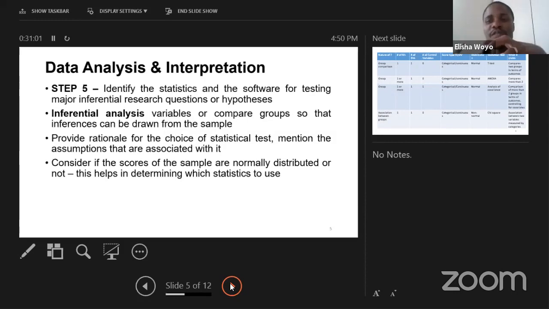Then the fifth step. After doing your factor analysis, you have reduced the data into what we call factors. And if factorability is supported by these statistics, the first thing is the factors have to be reliable, a minimum of 0.7. Secondly, those factors should have loaded at eigenvalues that are greater than 1.